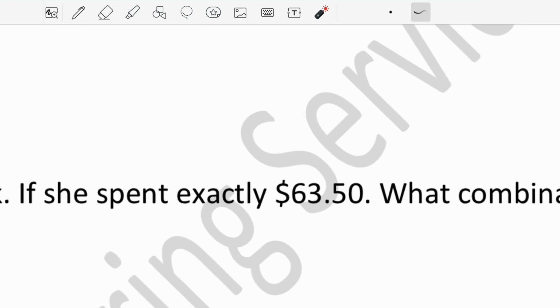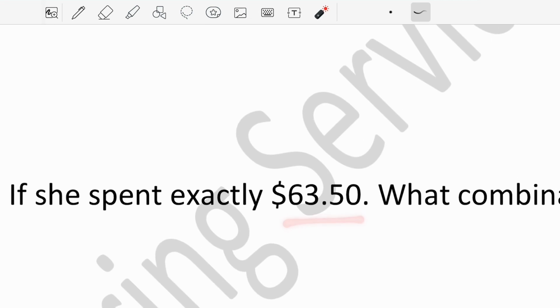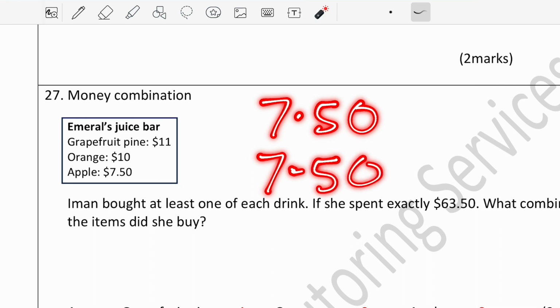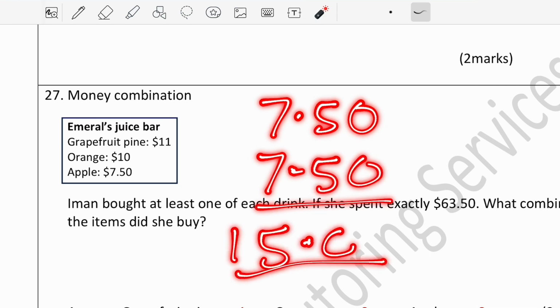So if we look at the amount spent, it ends with 50 cents. So it means that we either use 1 apple or 3 apples or 5 apples, etc. If we use 2 apples, $7.50 plus $7.50 will give you $15.